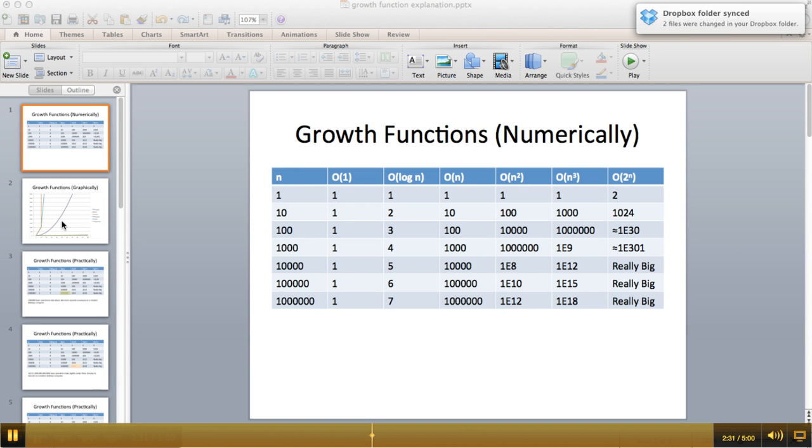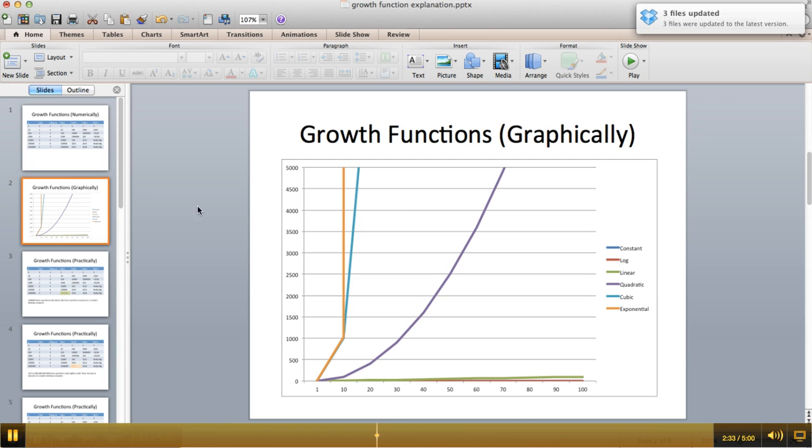It's really big. So now we have a graph that's essentially showing the same information. On the x-axis here, we have the size of our data set, 1, 10, 20, all the way up to 100. And then these lines represent the growth of the different complexity classes that we looked at. You can't even see constant on this graph because it's so small.